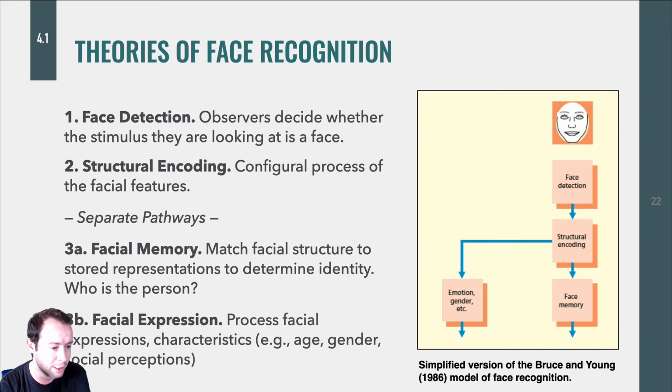We also then, on a separate stream or a separate pathway, process the more variable characteristics of the face, so things that are open to change, such as the way that they speak or the way that their lips are moving as they talk, the current facial expression they have, are they angry, sad, etc.